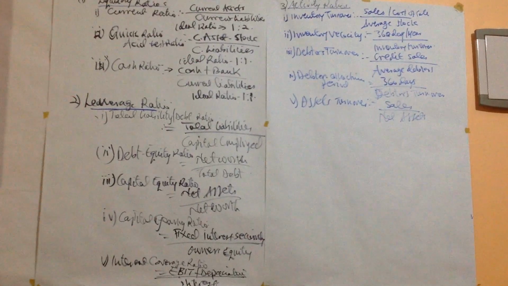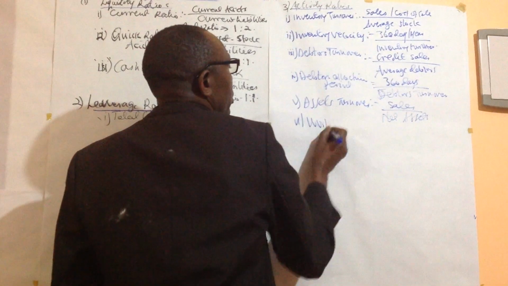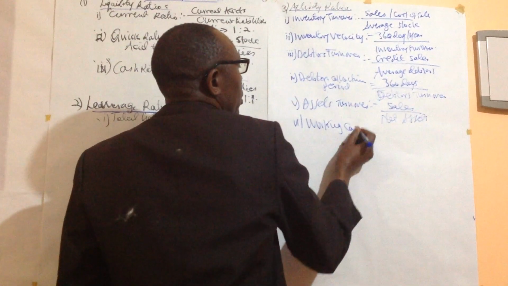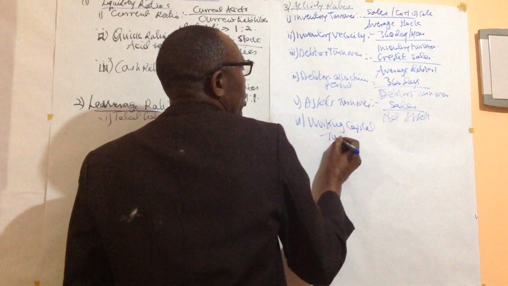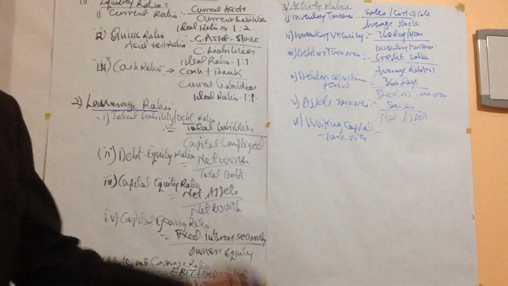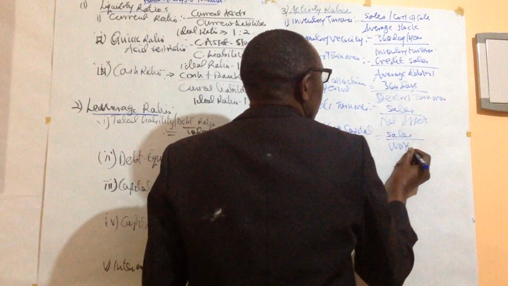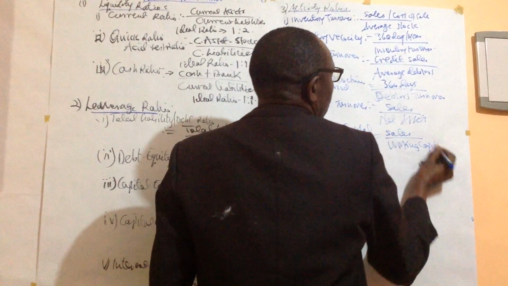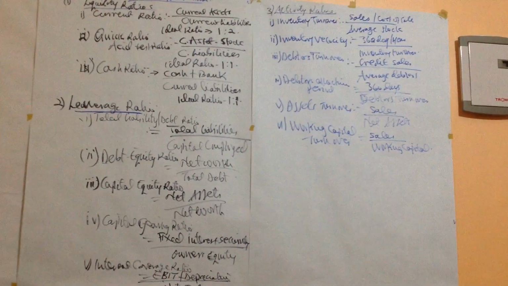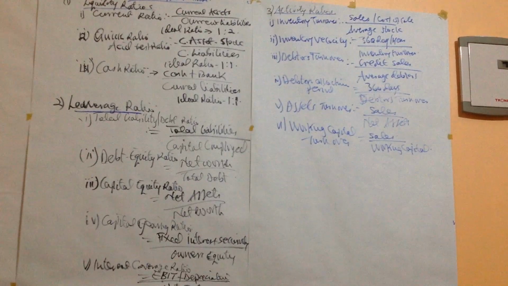Now we also have working capital turnover, where you take the sales over the working capital. Working capital is current assets minus current liabilities.